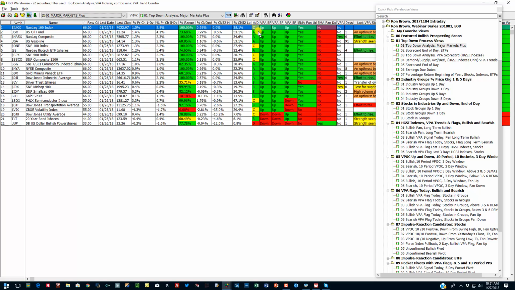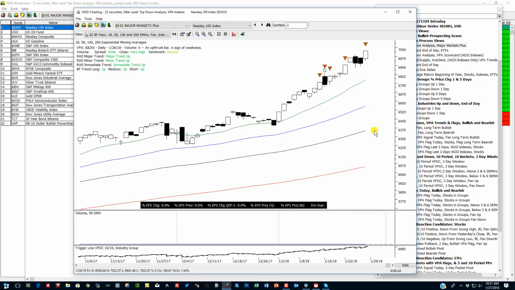So you can see that the NASDAQ 100 and the trends, they're all up, and it's in a fan uptrend also, which means that the levels are stacked, or the moving averages are stacked as they should be, with the 18, the 50, the 100, the 200-day exponential moving averages being in the correct order.